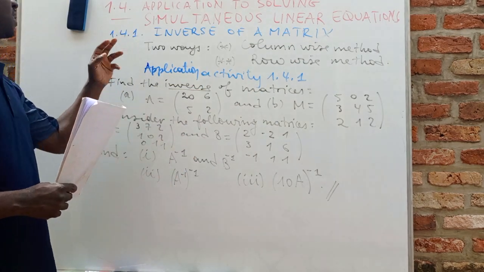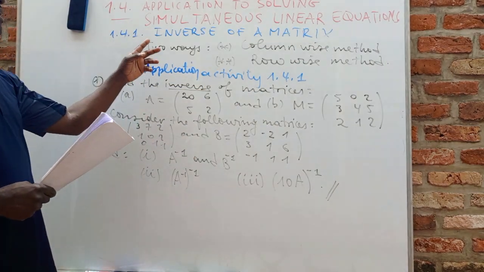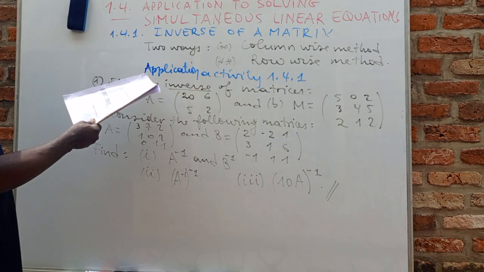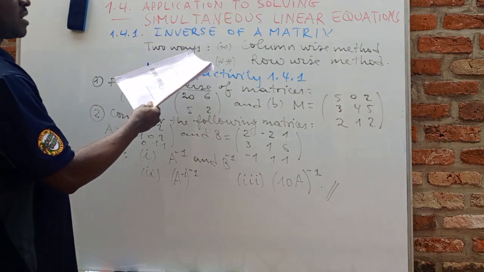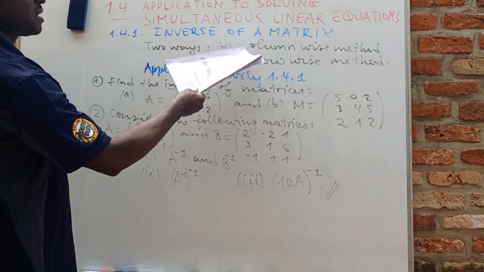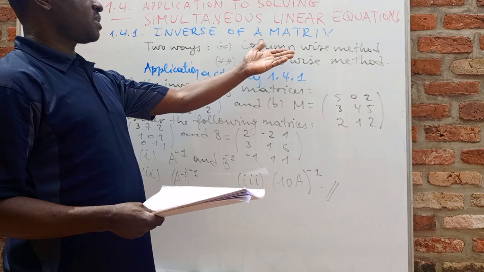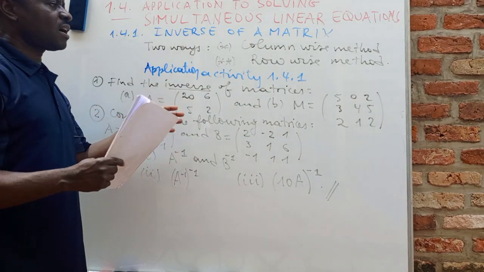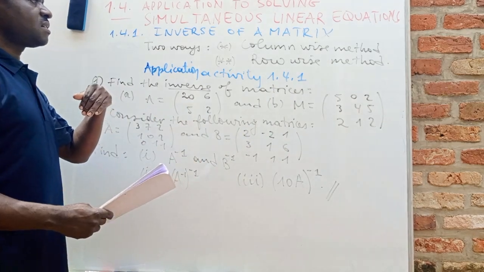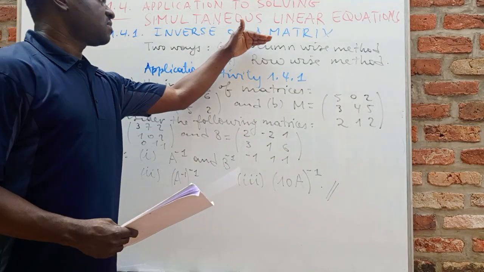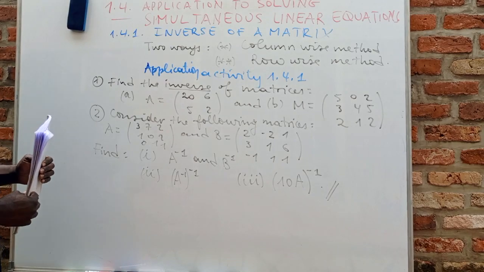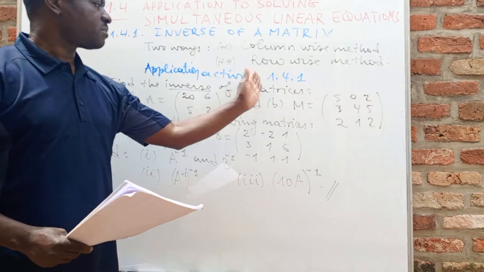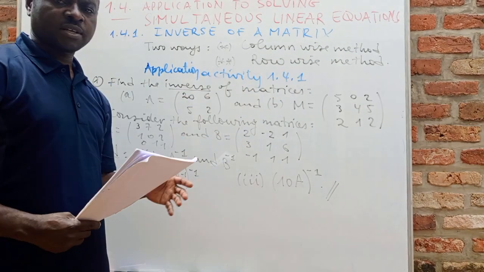So now we are in subsection 1, inverse of matrix. The inverse matrix can be applied in the column-wise method or in the row-wise method. As we move on, we will see how these two methods work. Now today this video is about application activity 1.4.1.